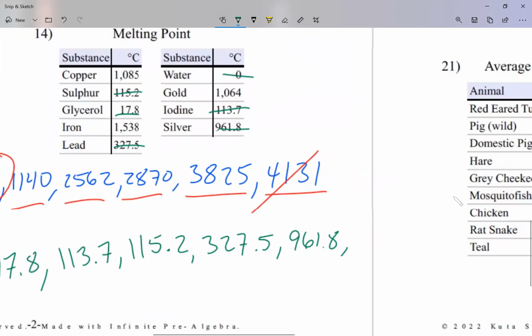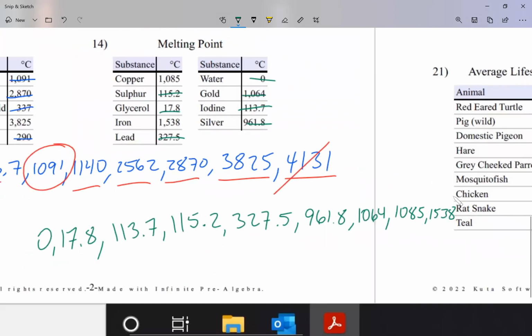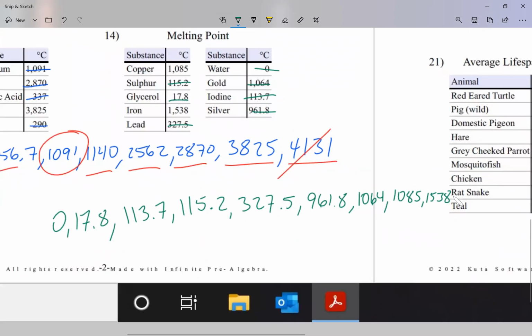Then is 1,064, 1,085, and 1,538. Whew, okay, it's a big list.